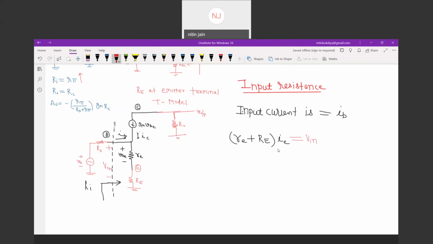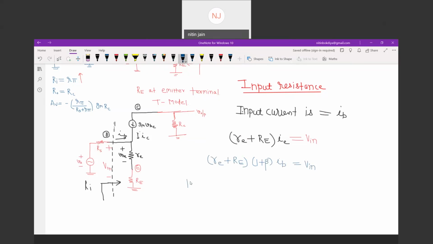But input current is not IE. Input current is what? Input current is IB. So there is a relationship between IE and IB. So this is re plus RE into (1 plus beta) times IB equal to Vin.